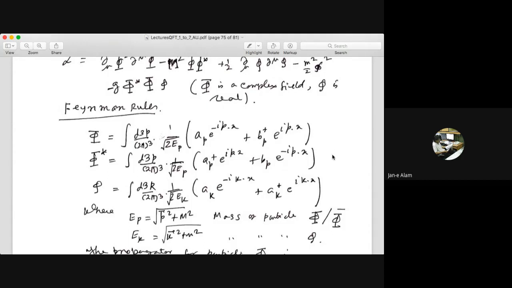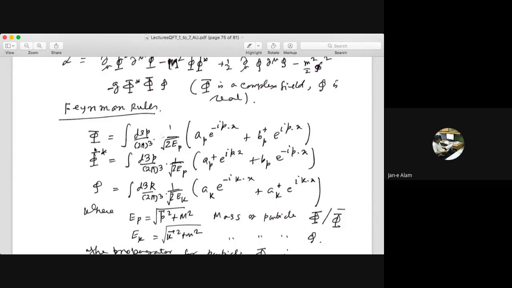But for the sake of argument, a_p will destroy an electron, b_p dagger will create a positron, a_p dagger will create an electron, and b_p will destroy a positron. This we'll see when we discuss fermions.